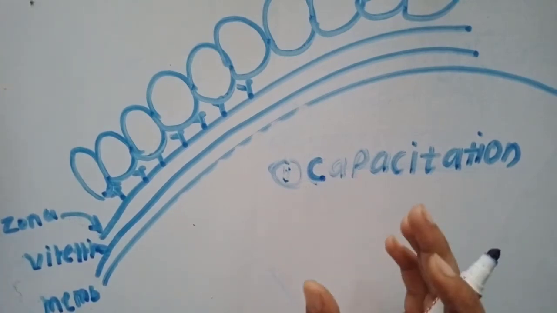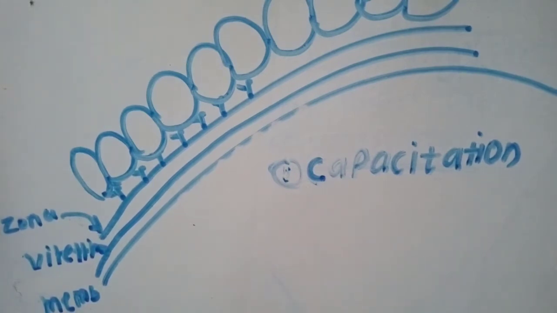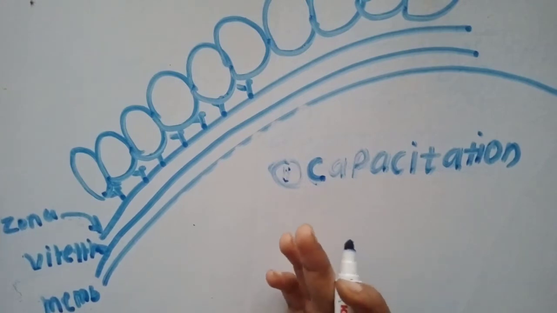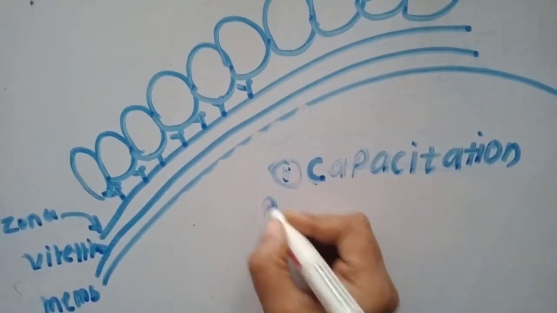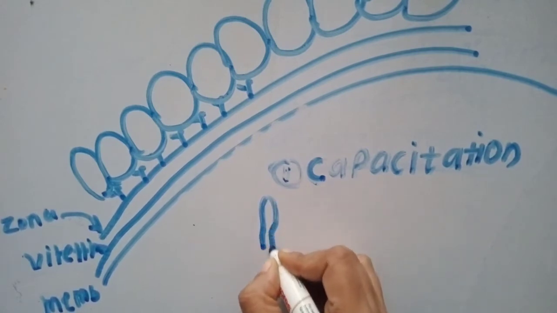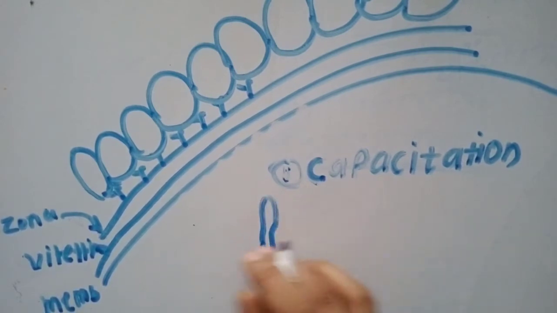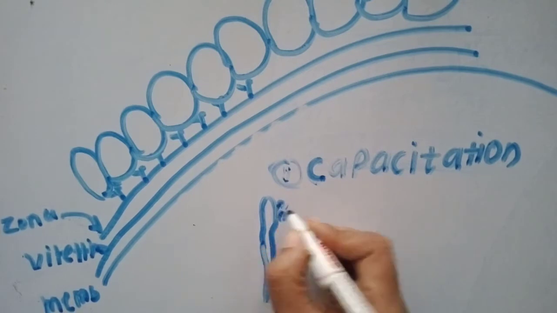Because of uterine contractions and some chemicals present in the female body called prostaglandins, things change. The sperm are surrounded by a lipid layer.